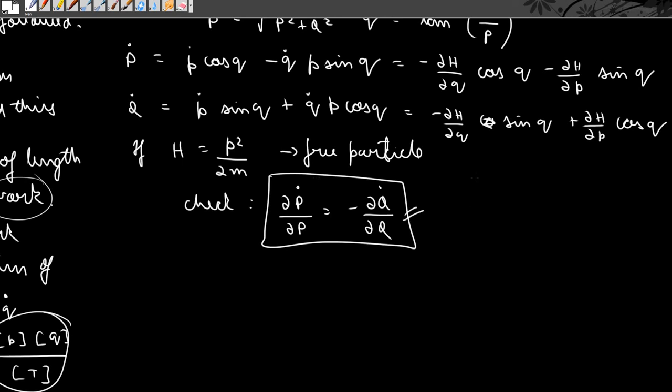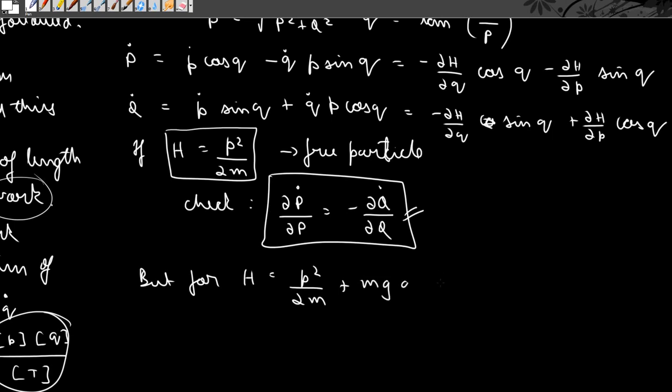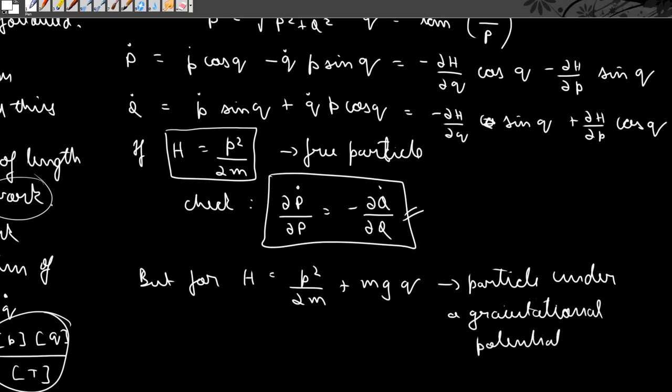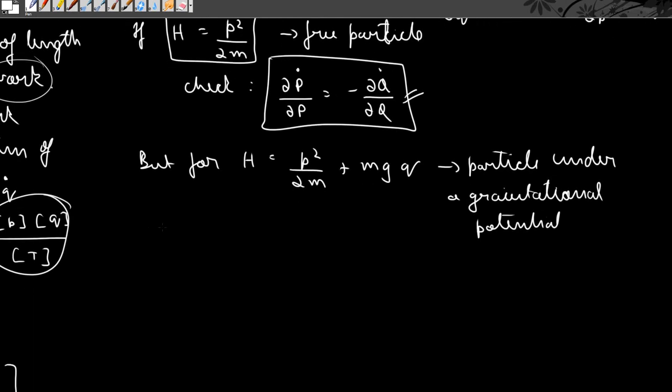So this relation you will get as valid when you consider this as your Hamiltonian, but for the Hamiltonian H equal to p square by 2m plus mgq, which is basically a particle under a gravitational potential, then if you use this functional form for the Hamiltonian, again you can check that you will get ∂P dot/∂P not equal to minus ∂Q dot/∂Q.